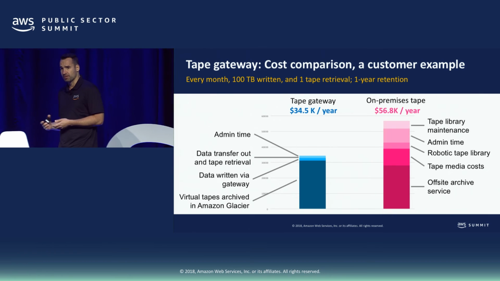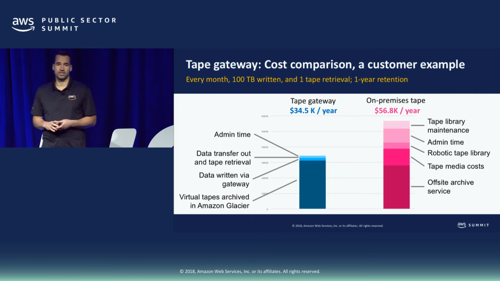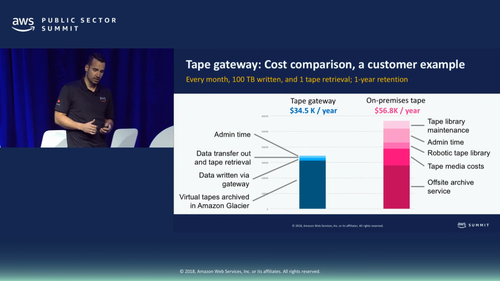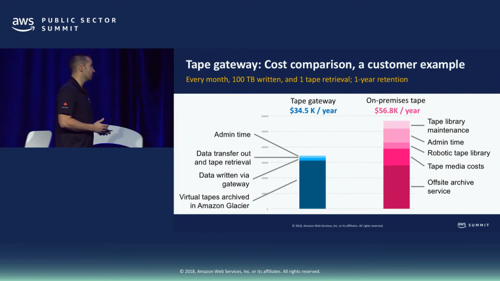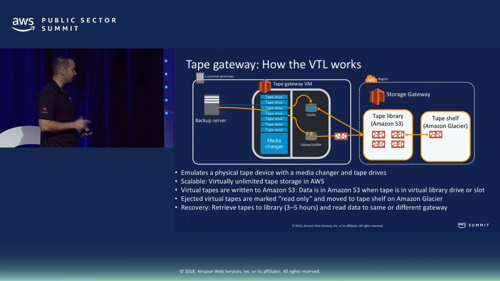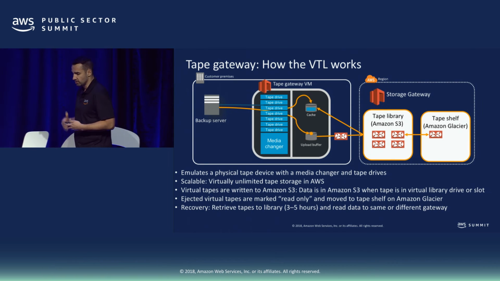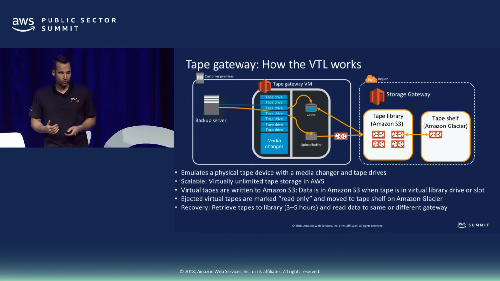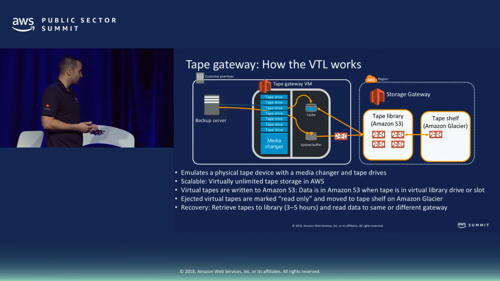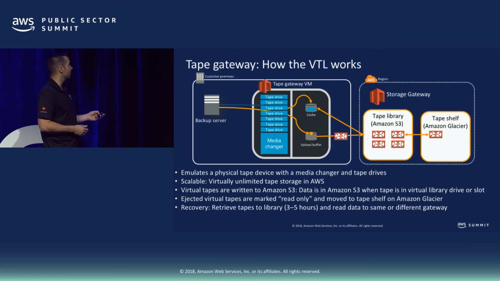It's not so much in the tapes themselves. It's everything else. It's the people, it's the process, it's the offsite archival service, and we find that with the VTL tape gateway, we're seeing a lot of customers moving for that purpose. So as I mentioned, the actual library itself presents tape drives and media changers.